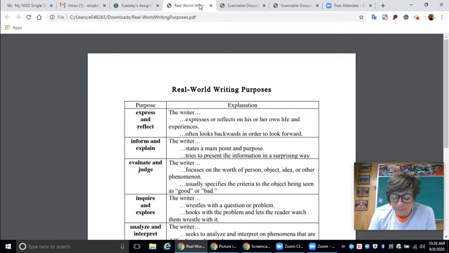Writing is essential. It's a necessity, because you need to be able to communicate effectively in your future jobs or careers. Every single job that I can think of requires you to be able to communicate, and a lot of times that's through writing.